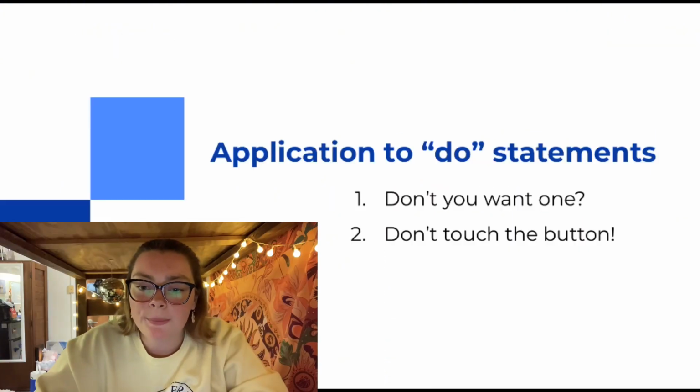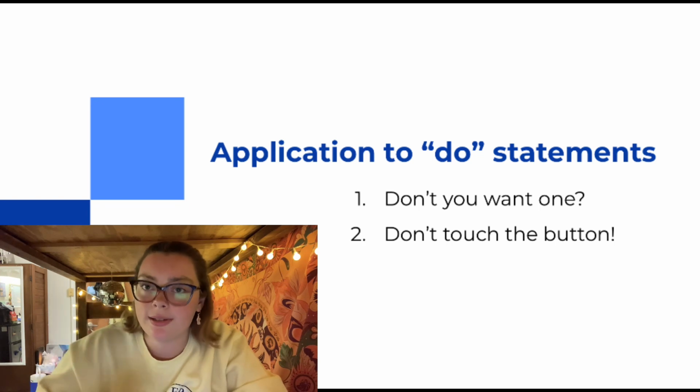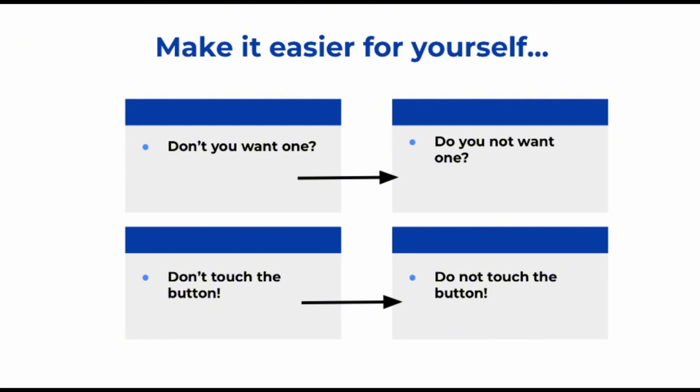And now we can apply this to do statements, the verb to do, right? So we have an example. Don't you want one? Don't touch the button. Sometimes with primary verb negation, something that is much more helpful is visualizing the sentence without the contraction, okay?